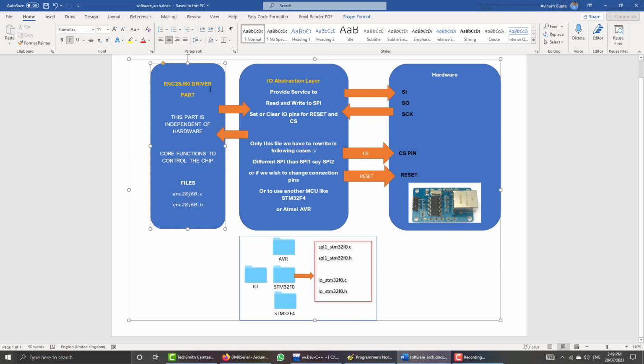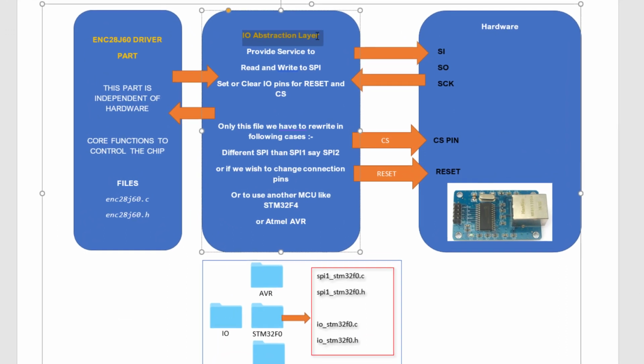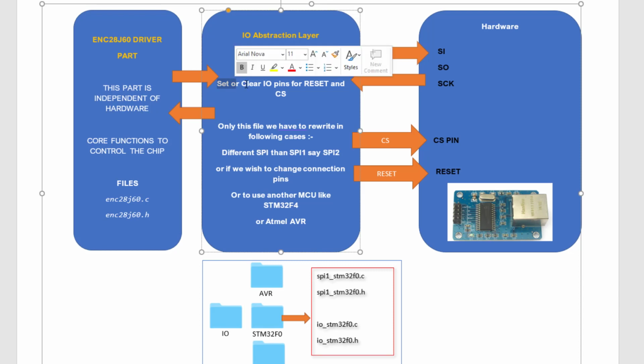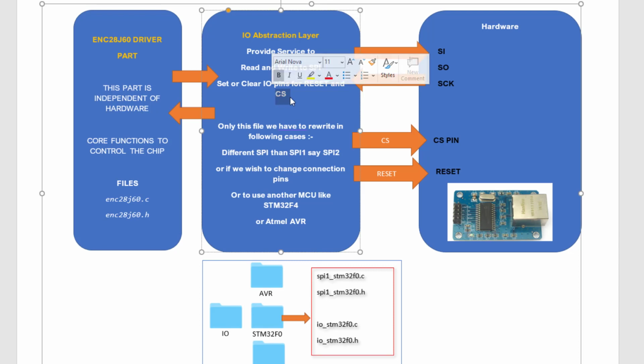This is the driver part, and the driver part will depend on the services of this IO abstraction layer. This IO abstraction layer will provide us the following services. It will provide the service to read and write to the SPI port, and it will also provide services for setting and clearing the IO ports which we have connected to the reset pin and the chip select pin, that is the CS pin.